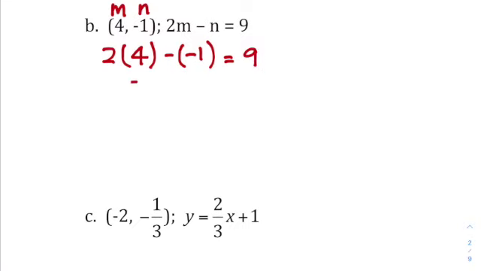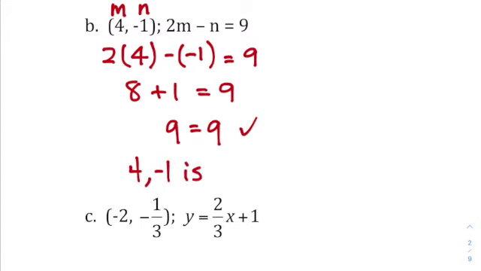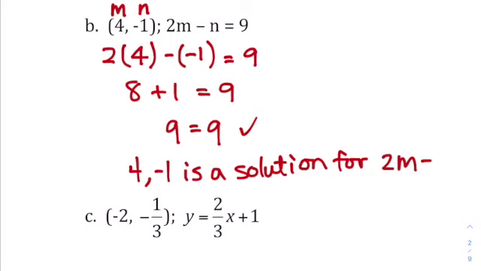So 2 times 4 is 8. Negative times negative is +1, so 8 plus 1 equals 9. So 9 equals 9. Therefore, it checks. Therefore, yes, (4, -1) is a solution for 2m minus n equals 9. Okay?